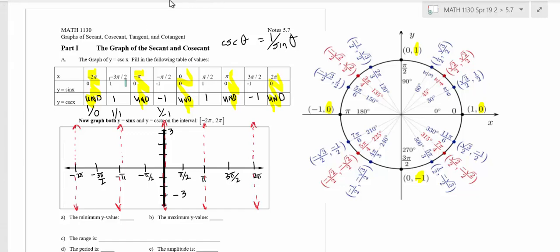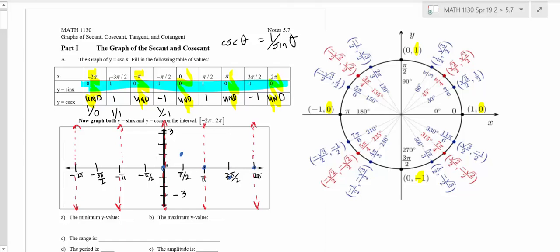Okay, then what I'll have you do is let's just graph the sine wave. And you want to get to a point where you have the sine wave memorized pretty well. So I'm just going to start at 0, 0, pi over 2, 1, like that, and then pi, 0, and then 3 pi over 2, -1, and so forth.